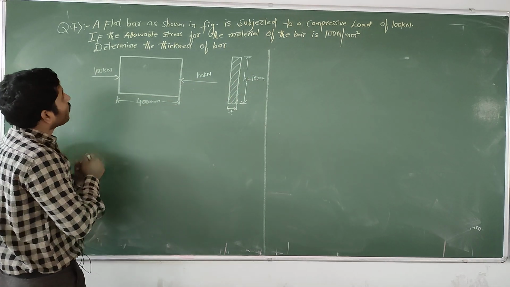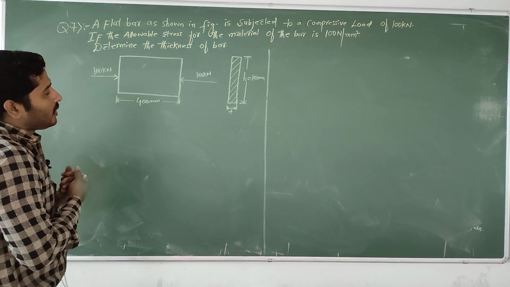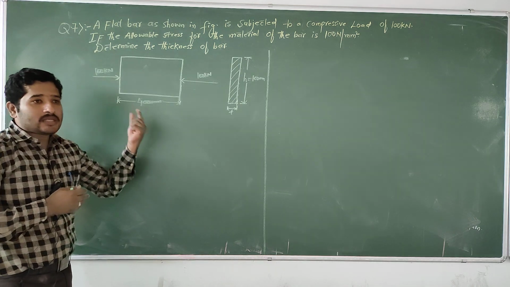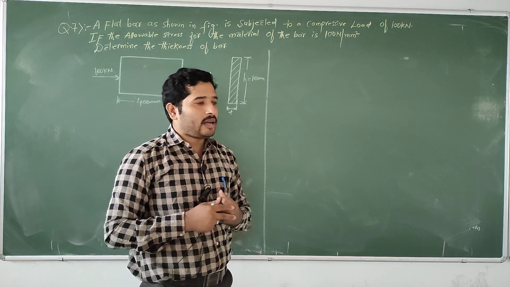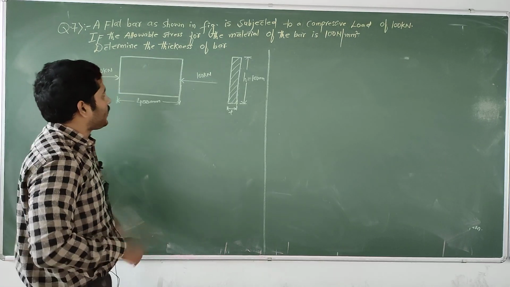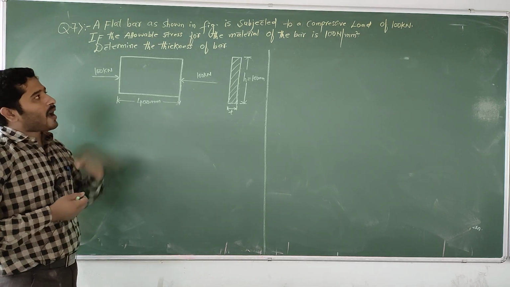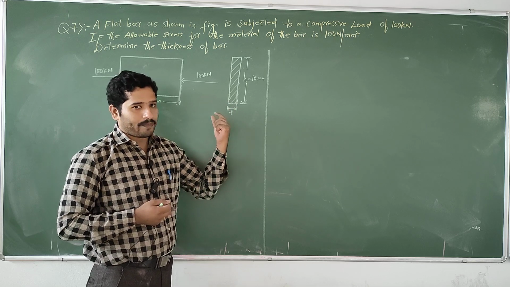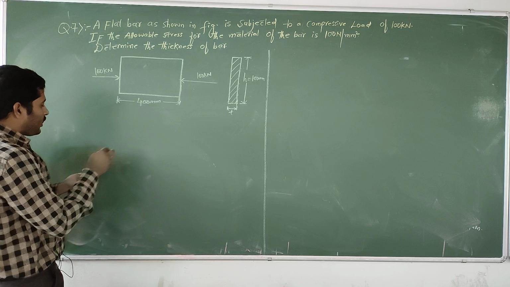The allowable stress for the material is given as 100 Newton per mm square. Our intention is to determine the thickness of this bar. First of all, I will write the given data.